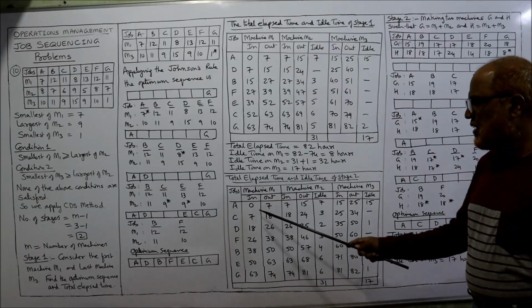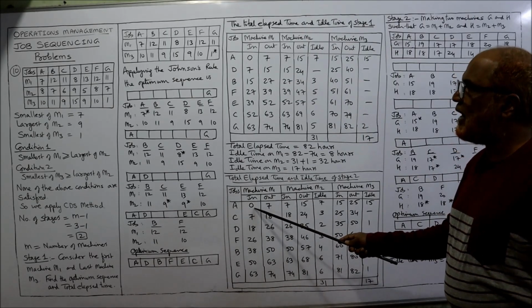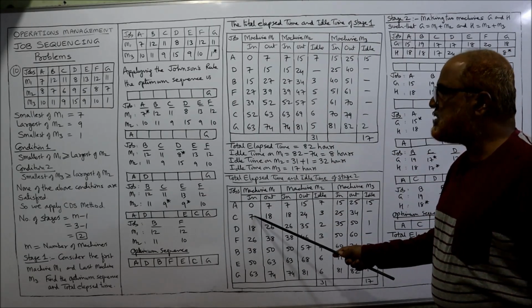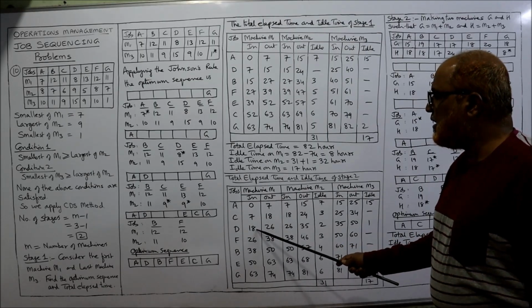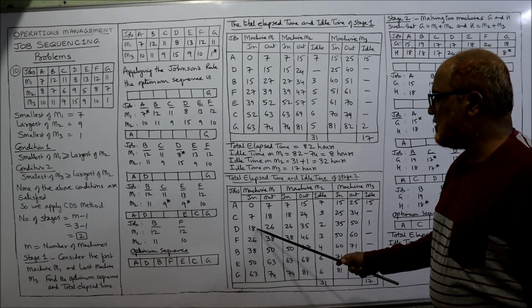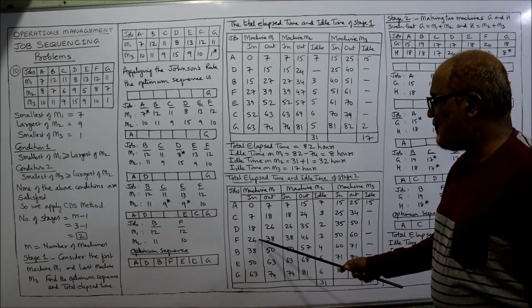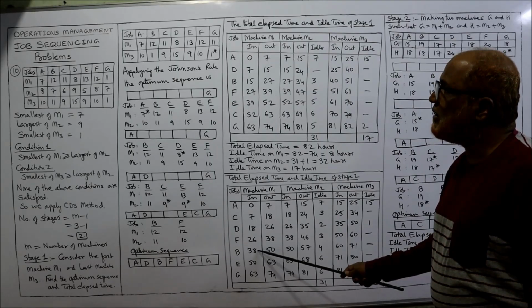A job, it will start at time 0. A M1 is 7. Then again from 7, C M1 is 11. 7 plus 11, 18. D M1, 8. 18 plus 8, 26. F M1, 12. 26 plus 12, 38. B M1, 12.